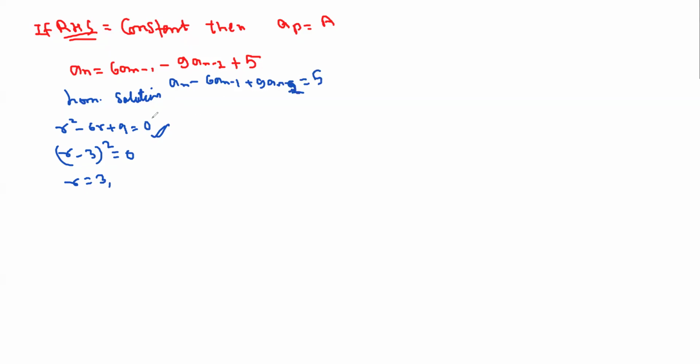But whenever you are doing in R, then always put right hand side is equal to 0. Okay, understood? Now see, homogeneous will be what? C1 plus C2 n, 3 to the power n.